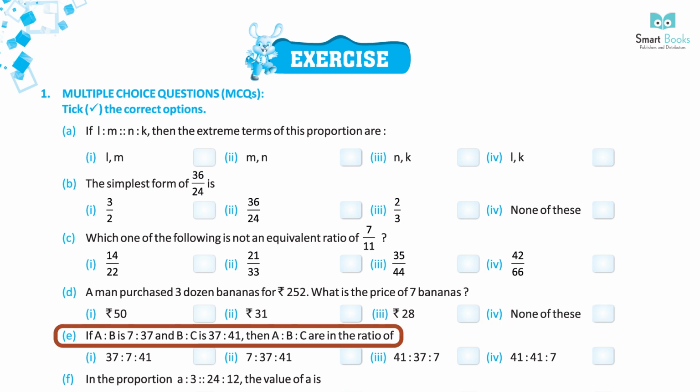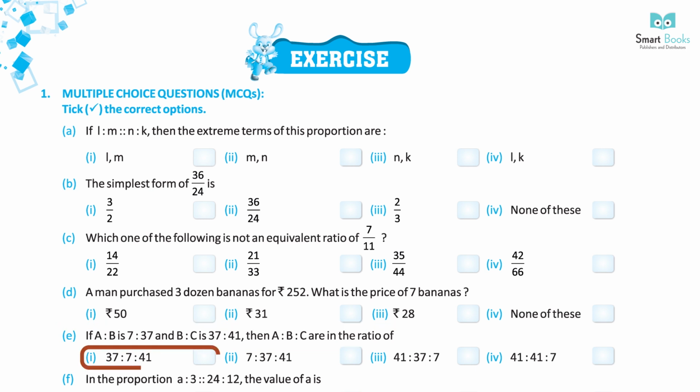E. If A ratio B is 7 ratio 37 and B ratio C is 37 ratio 41, then A ratio B ratio C are in the same ratio of: first 37 ratio 7 ratio 41, second 7 ratio 37 ratio 41, third 41 ratio 37 ratio 7, fourth 41 ratio 41 ratio 7. Solution: second 7 ratio 37 ratio 41.